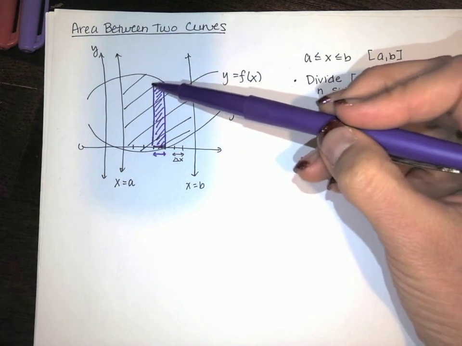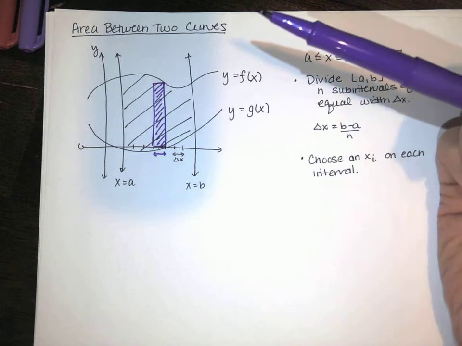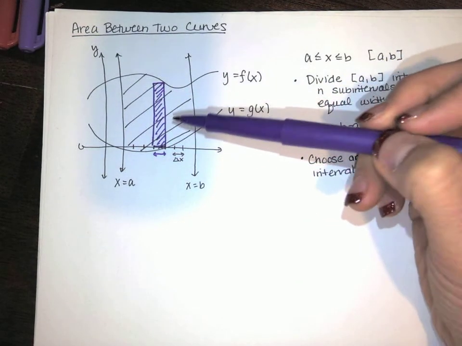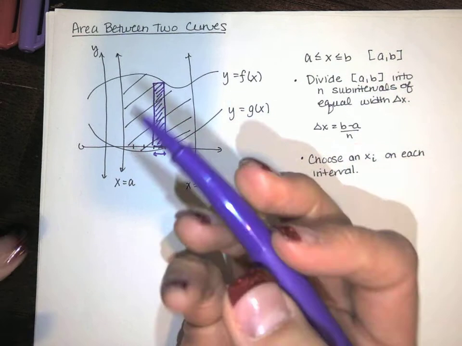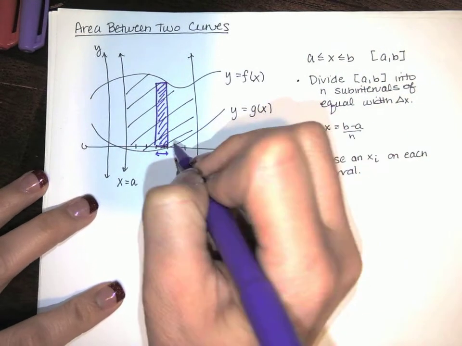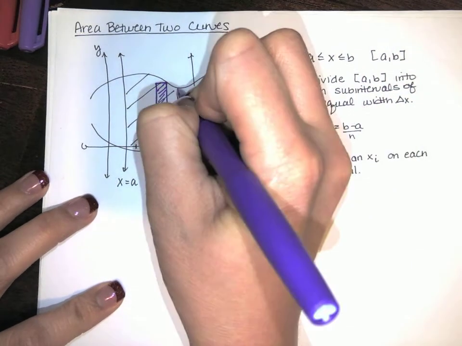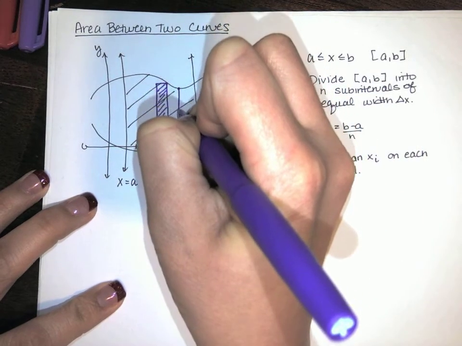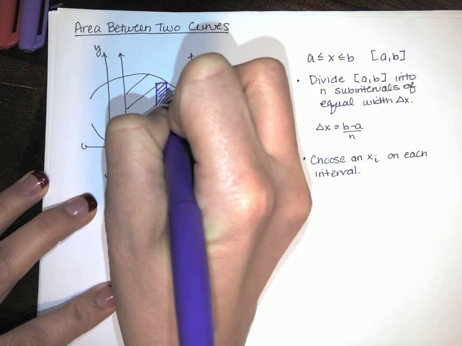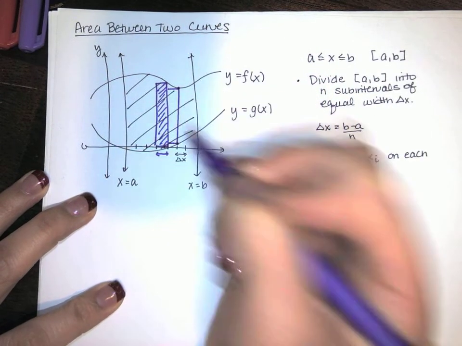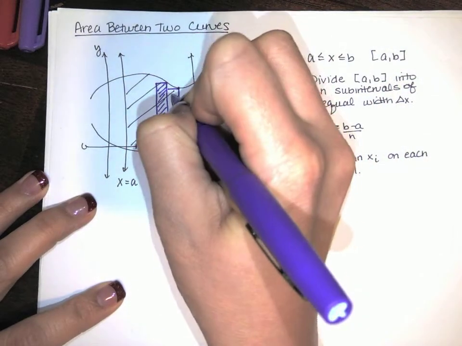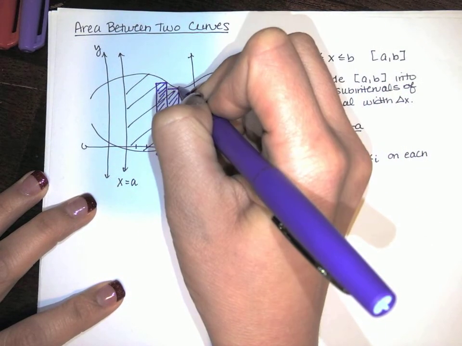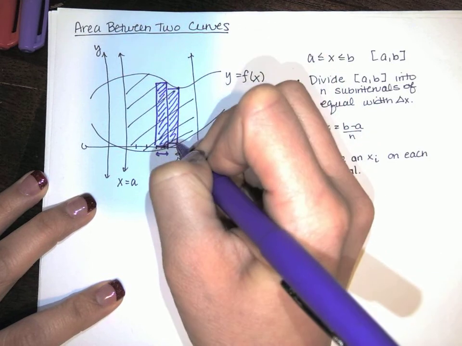We're not grabbing that area and that area. We're wrong, but it's a decent approximation. If we did the same thing for all of these, using the right endpoint for all of them, evaluate the function on the top and the bottom at the right endpoint, and then draw a rectangle of width delta x and height f of x sub i minus g of x sub i.